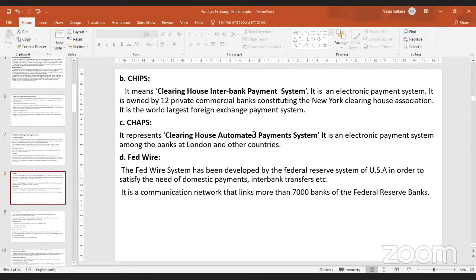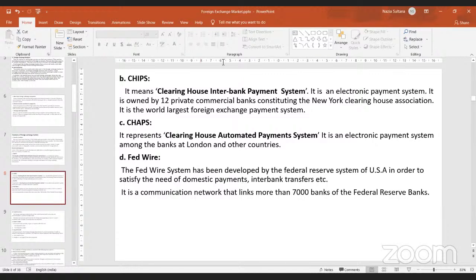The transfer function can also take place through CHIPS, which is the Clearinghouse Interbank Payment System. The very word clearinghouse refers to how one bank and another bank settle transactions with one another. This is an electronic payment mechanism, and about 12 banks of the world act as a clearinghouse association in New York.